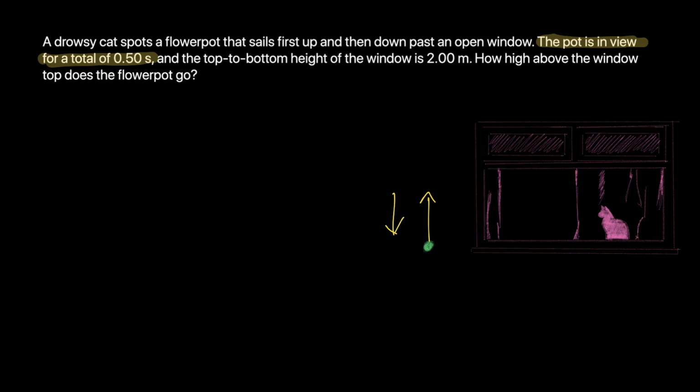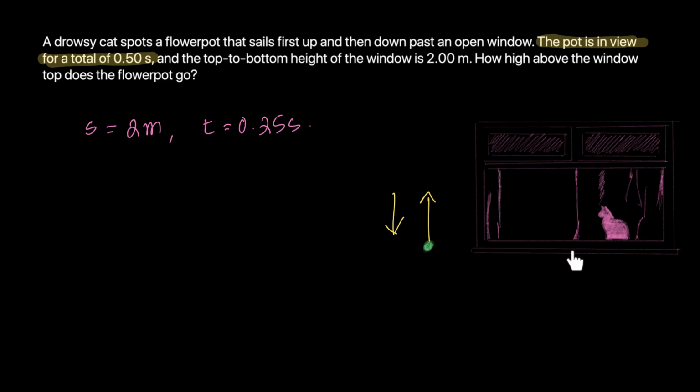So we know some information, which is it travels some initial distance. Let's call that S. When S is equal to 2 meters initially, it does that in a time frame of 0.25 seconds. Again, half of that, because that's the total time while it goes up, disappears for a bit, comes back down, and you count the time more. That total time is 0.5 seconds. Top to bottom height of the window is 2 meters. Again, how high above the window top does the flower pot go?